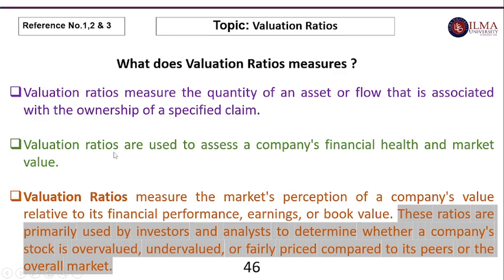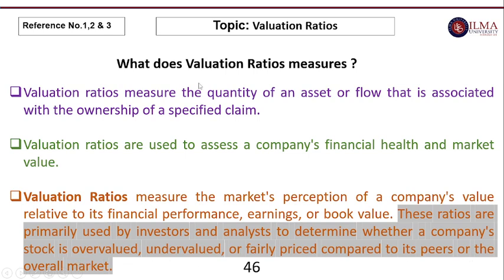Valuation ratios are used to assess a company's financial health and market value. They measure the market's perception of a company's value relative to its financial performance, earnings, or book value. These ratios are primarily used by investors and analysts to determine whether a company's stock is overvalued, undervalued, or fairly priced compared to its peers or the overall market.